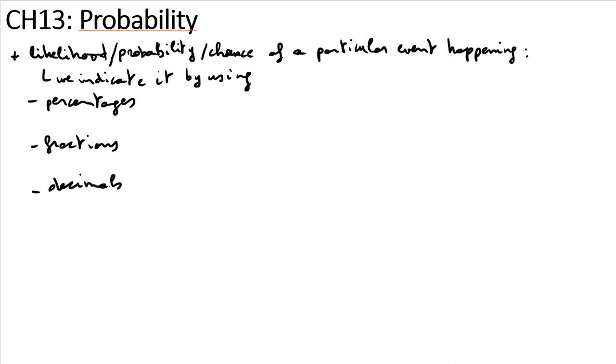Okay, let's take an example for percentage. We can say, for example, that for each student there is a 80% chance of passing MIP 5 extended math.